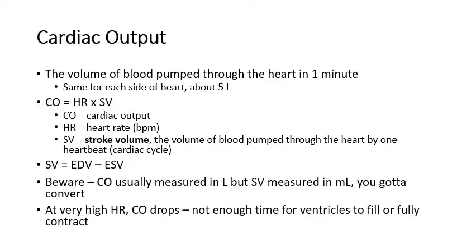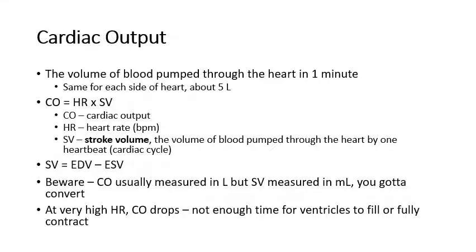So the stroke volume itself has another equation, which is stroke volume equals EDV minus ESV. So that just means that the stroke volume equals the maximum volume in the heart minus the minimum volume in the heart. And when I say heart, I actually mean ventricles, because the blood that's in the ventricles is the blood that's being pumped out of the heart.